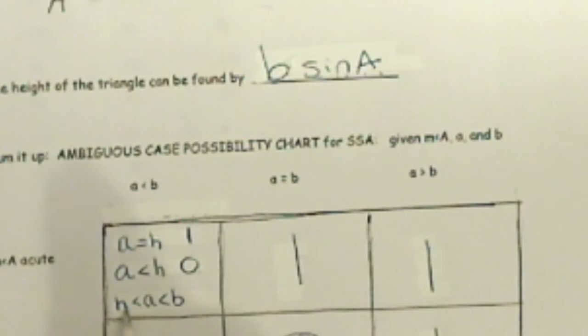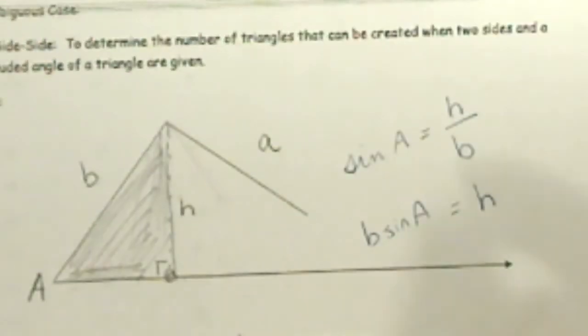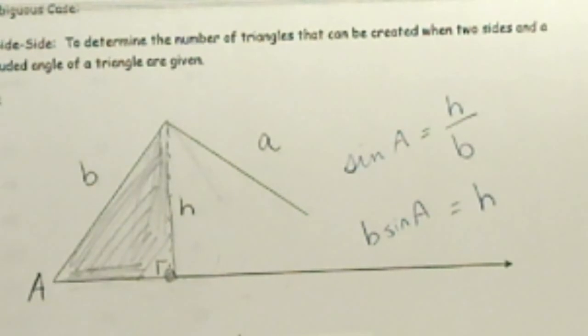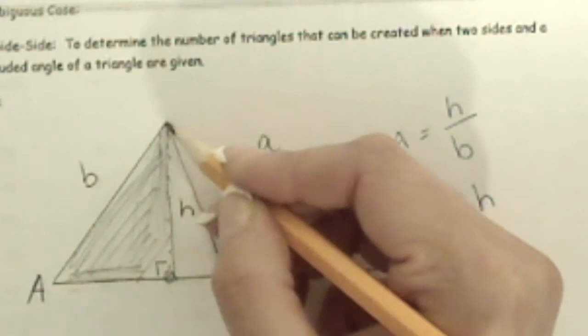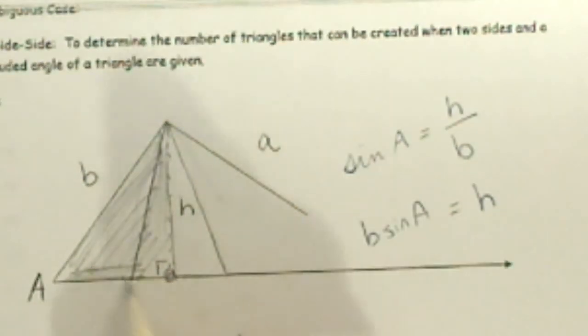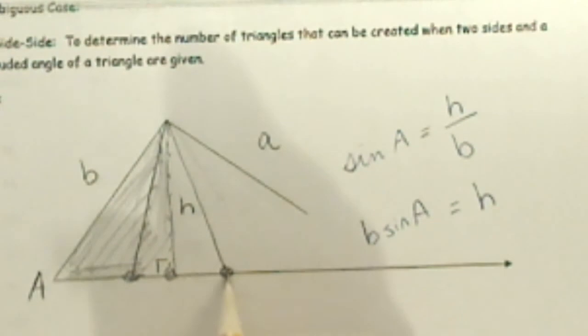And if A is between H and B, in other words, A is larger than H, but smaller than B, then we could have a situation where A is right here, or A is right here. As it swings, over here it's less than B, over here it's less than B. We get two possible triangles.